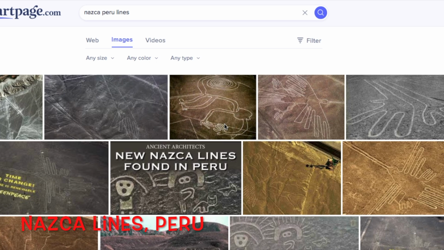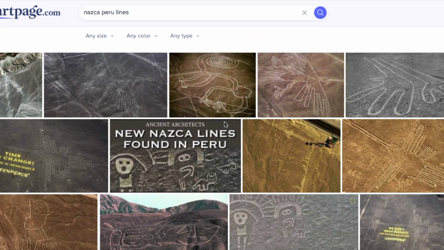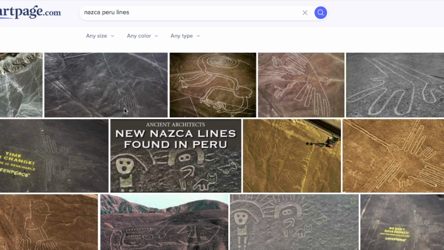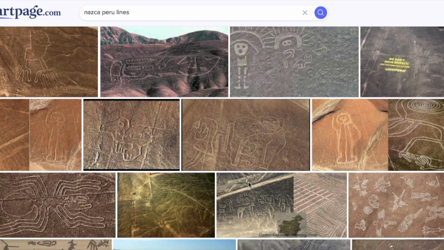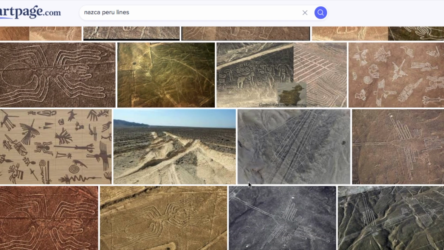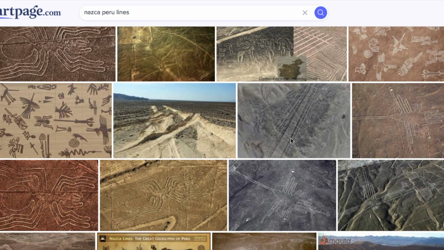And real quick, if you're not familiar with the Nazca lines of Peru, they're these lines that can be seen from the air and really almost unrecognizable from the ground, but from the air. And of course, we have them in all parts of the world.